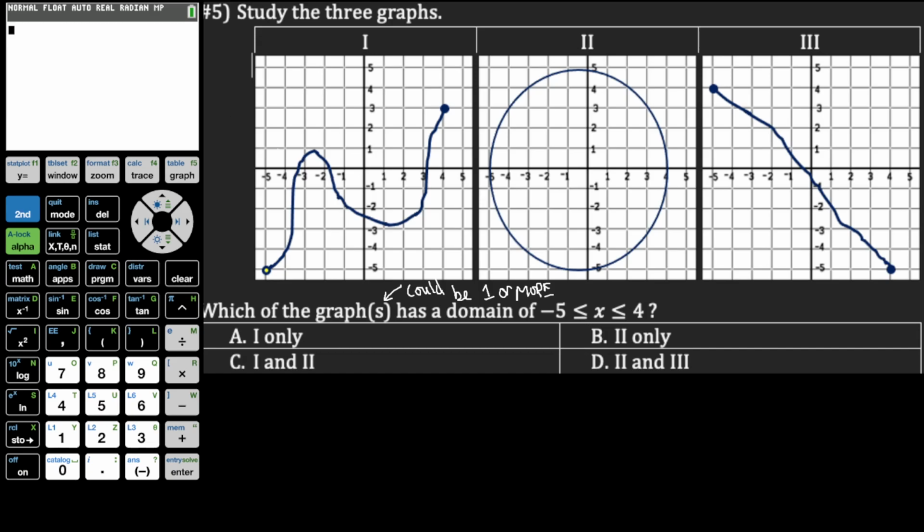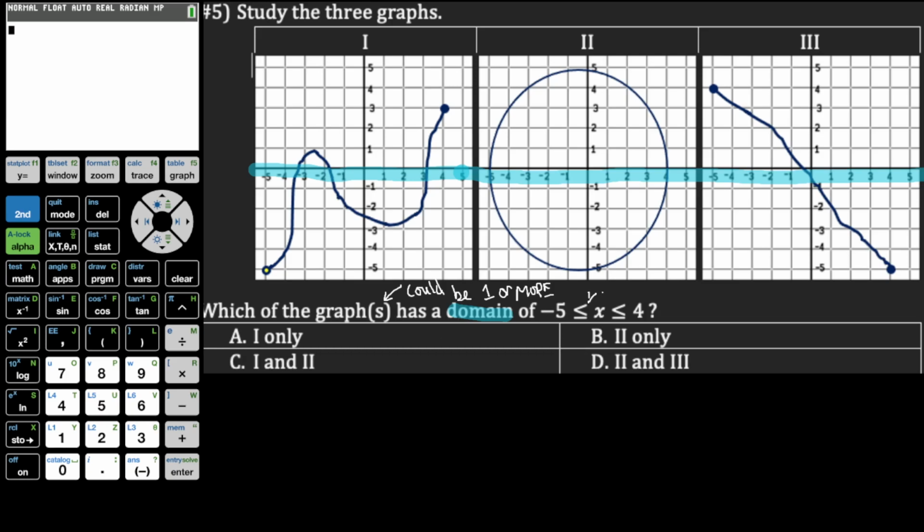So let me actually select and highlight. Since we're talking about domain, we're saying, hey, our x values are what we're working with. Actually, I can highlight the whole way across because we're talking about x values. So now we can say, all right, what kind of x values do we have here? We're saying a couple things.